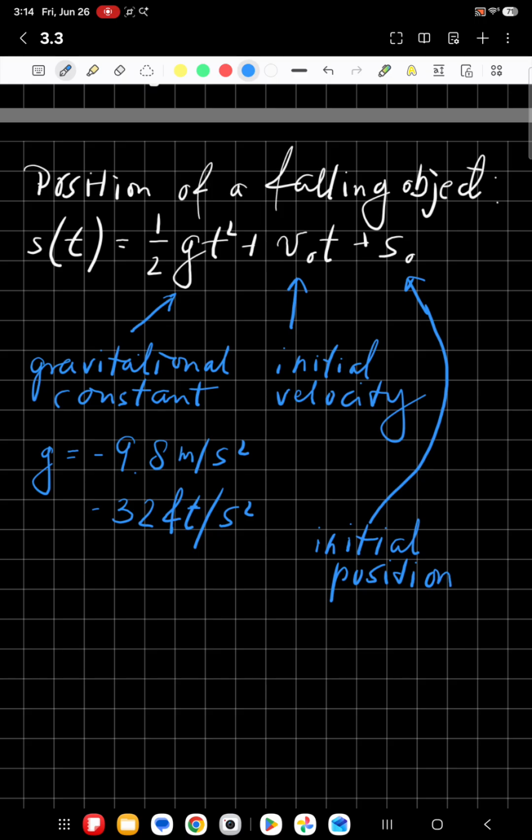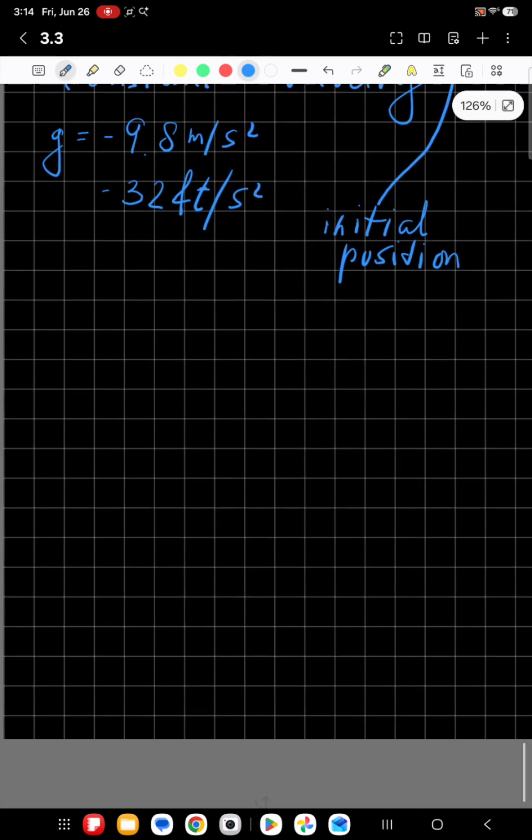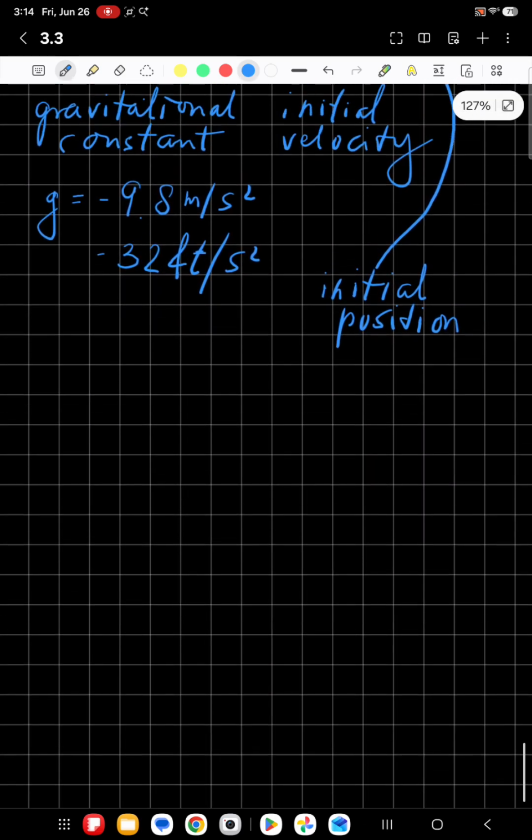Okay, so we simply plug in the values into the equation, and we'll figure out what that time is. I'll copy that equation and plug in those values.